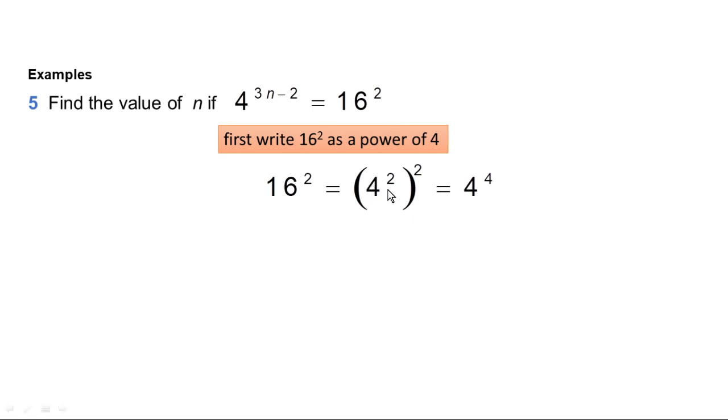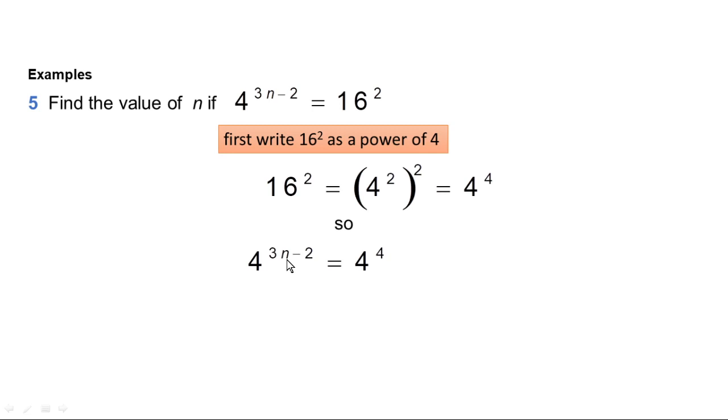But again, you have another index there. If you apply rule number 3, I can multiply this index, 2 times 2. 2 times 2 is 4. So it's equivalent to 4 to the power of 4. Thus, 4 raised to the power of 3n minus 2 is equal to 4 raised to the power of 4.